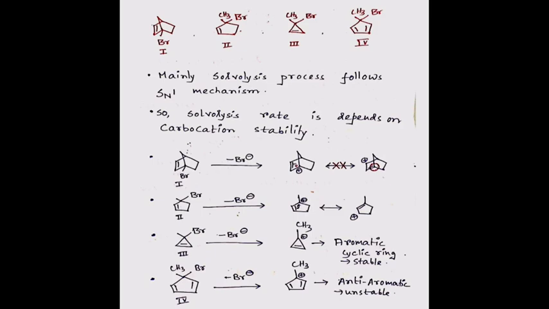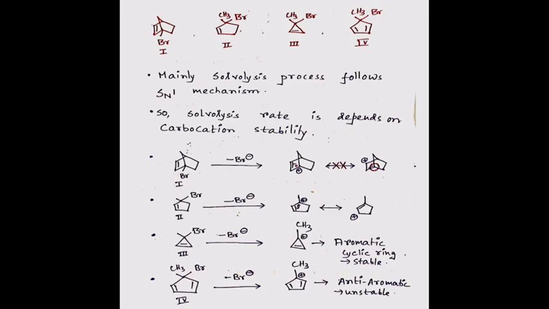So let's think about compound 1. After the departure of the bromine group, that means the leaving group, it gives a bicyclic carbocation.